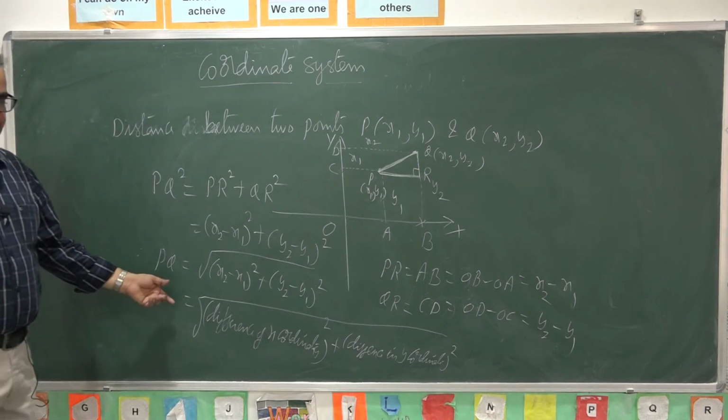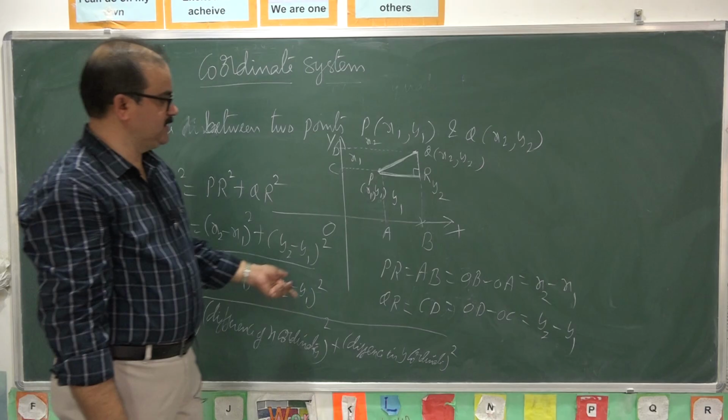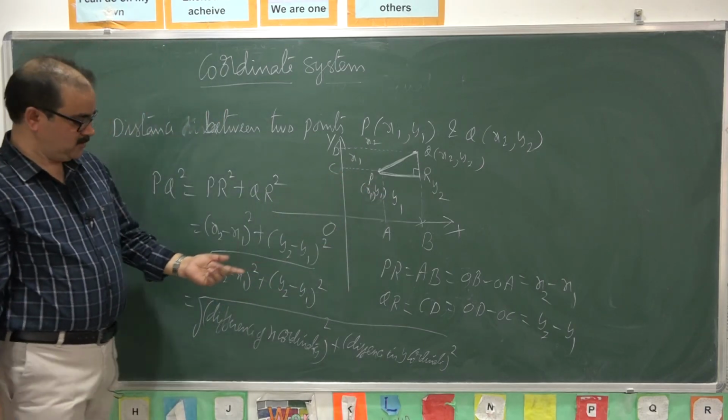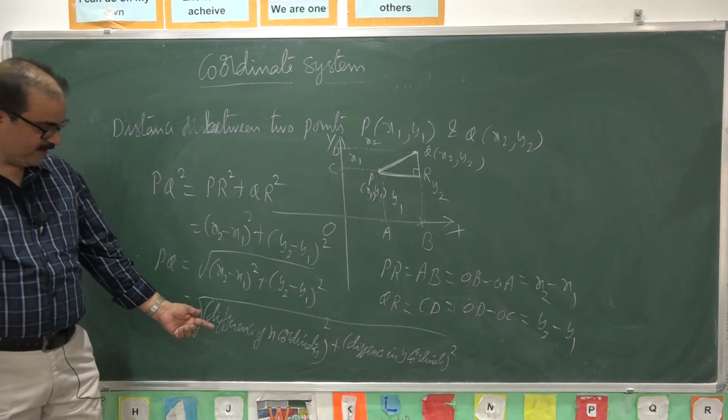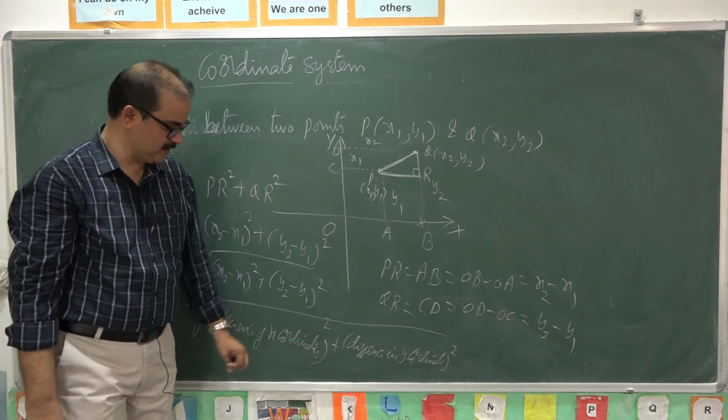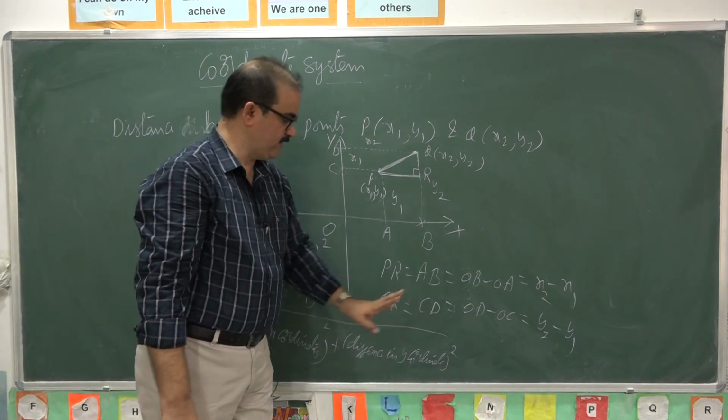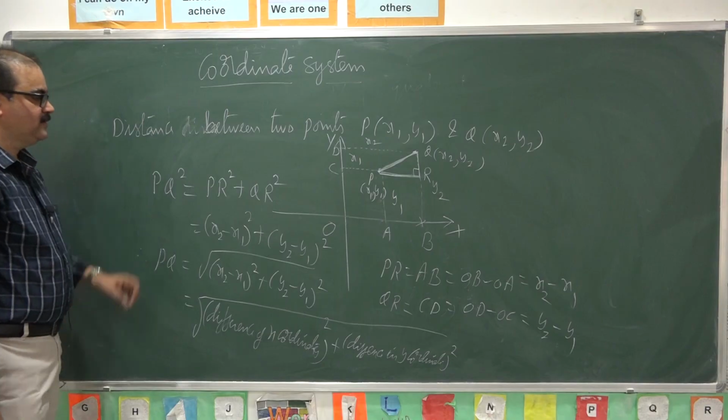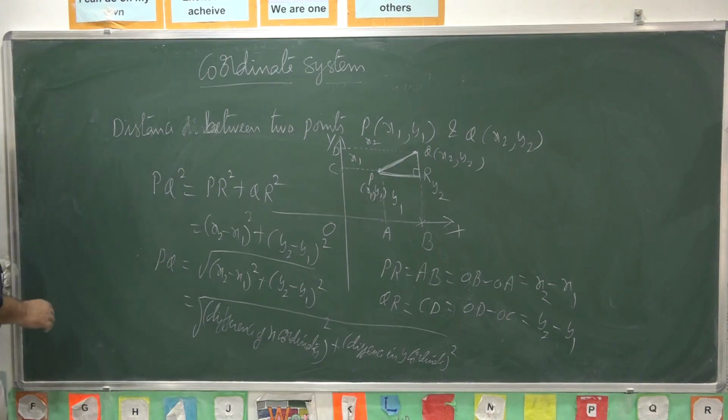Now say what is the formula to find the distance between two points? Square root of difference of x coordinates square plus the difference of y coordinates square. In this way, you take a small note.